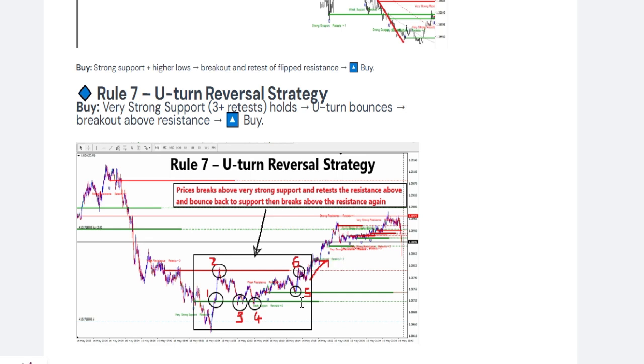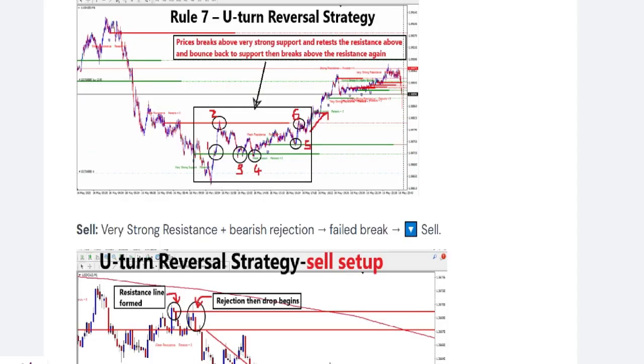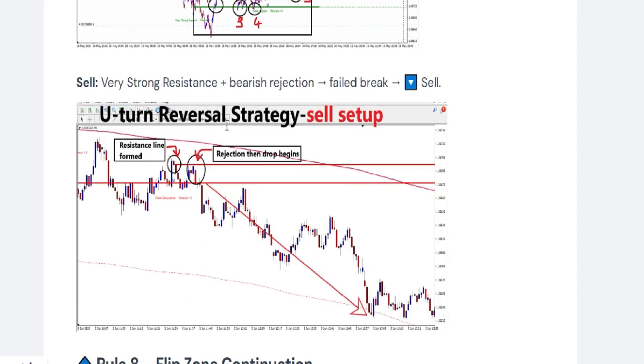What makes this tool different? Unlike lagging indicators, the U-Turn Detector thinks like a pro trader. It's showing structure and retest logic. It filters out the noise, highlighting only strong actionable zones. Also, it adapts to market flow, helping you trade breakouts, reversals, or traps.